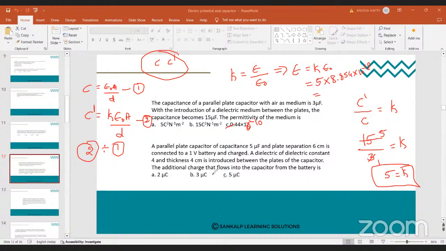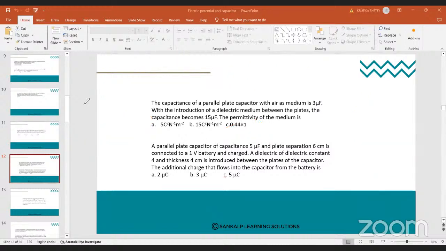The additional charge that flows into the capacitor from the battery is, see what they are saying here: a parallel plate capacitor of capacitance 5 microfarad and plate separation 6 centimeter is connected to a battery of 1 volt and charged.